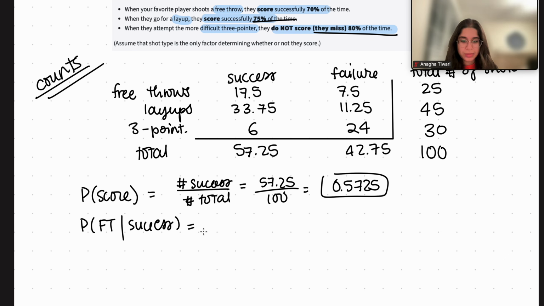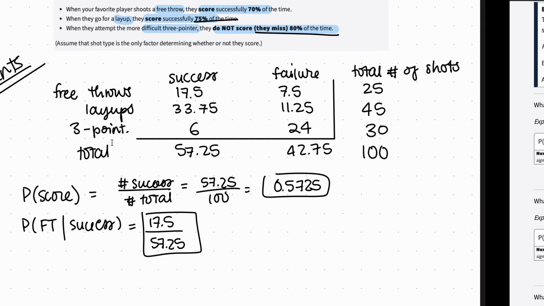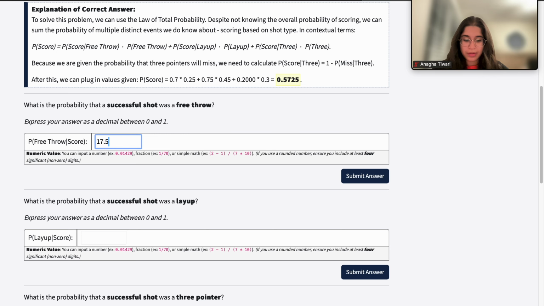Out of the 57.25 shots that were successful, the number that were free throws is 17.5. So our probability is 17.5 divided by 57.25.